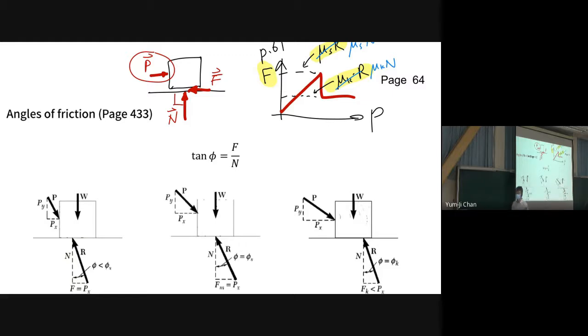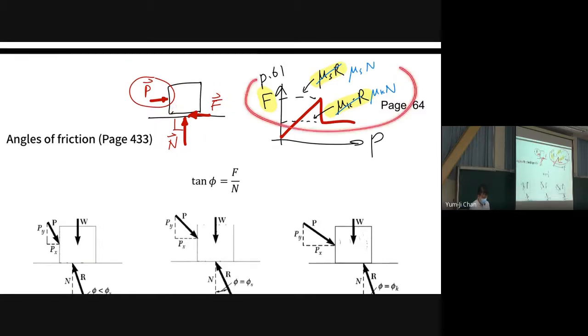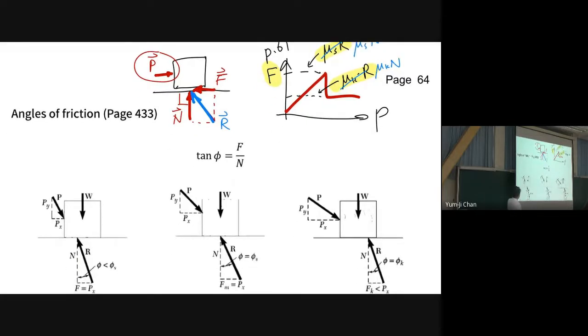The first thing we know is this one. The second thing is we always have some relationship between F and N. The summation of these two forces is R on the figure here.